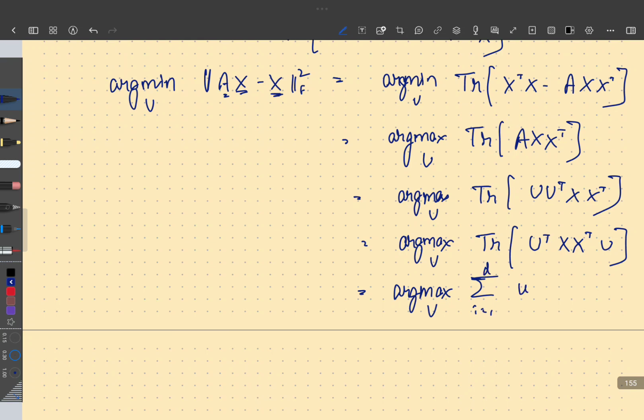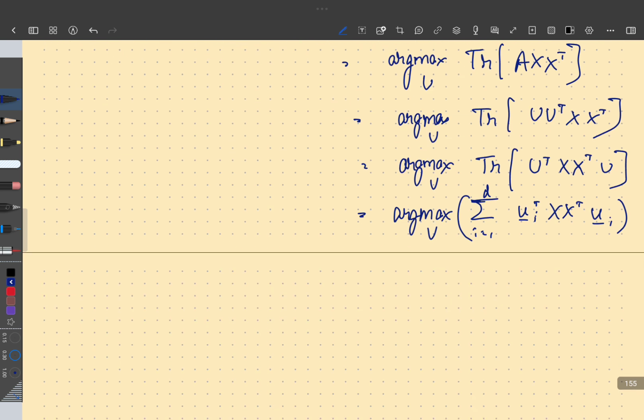This is also equal to the sum over i from 1 to little d of ui transpose XX transpose ui. Right? And for what vectors is this maximized?